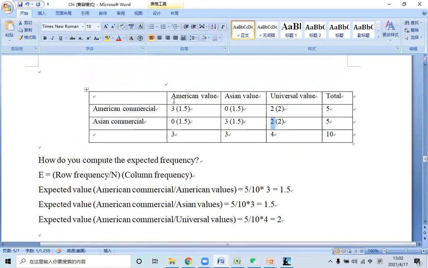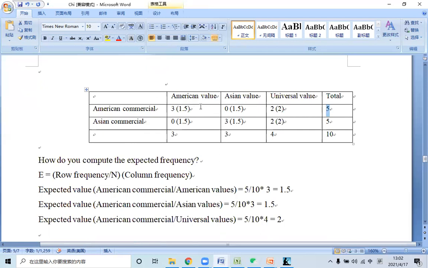This is your observation. And then your expected value. So how would you do the expected value? What kind of expected value would you have for American value with American commercials? For American commercials, you got a total of 5.